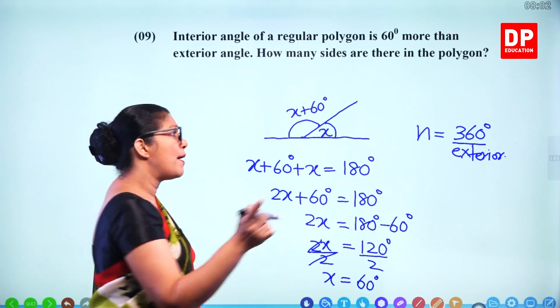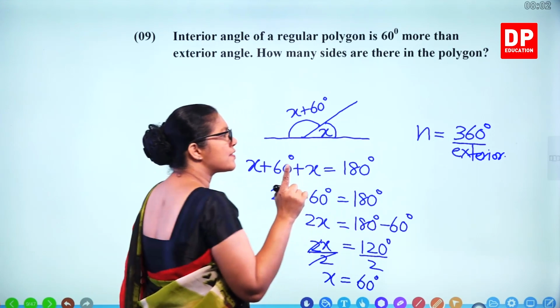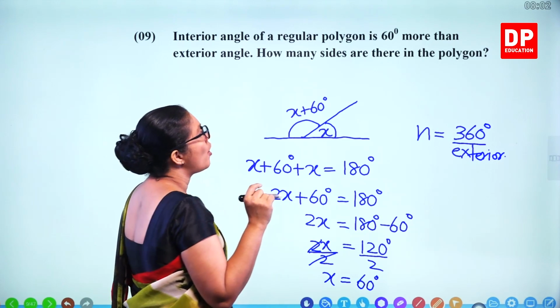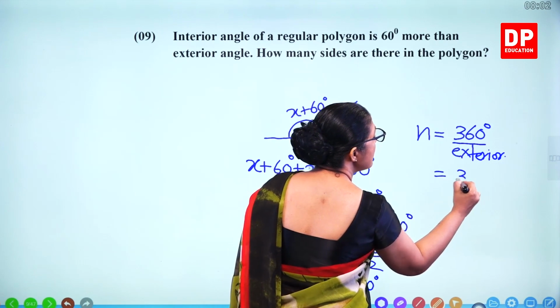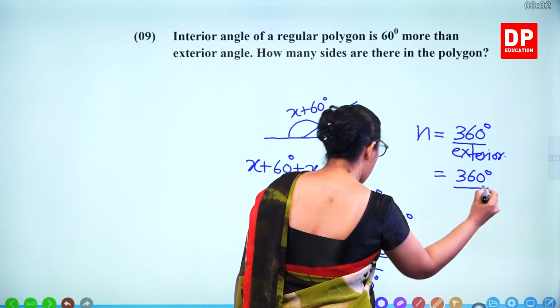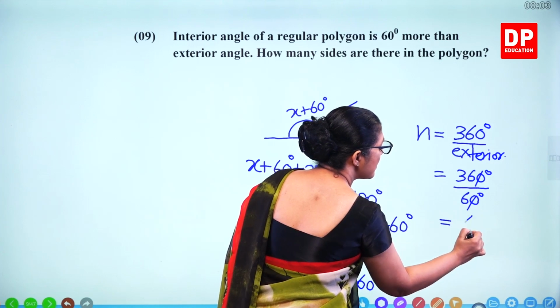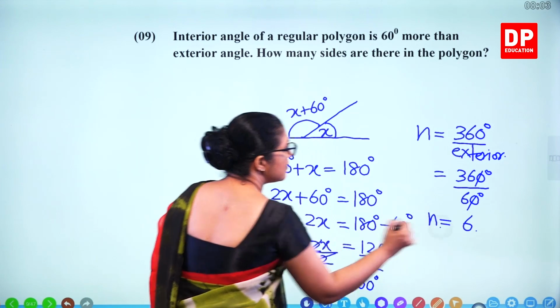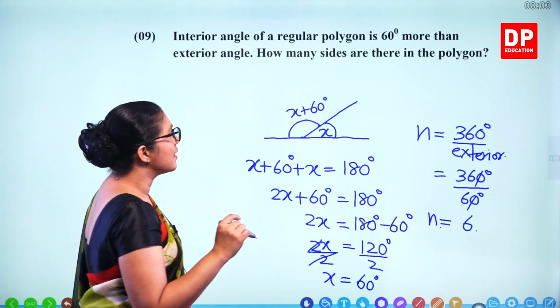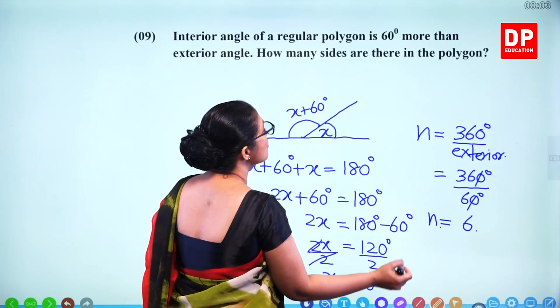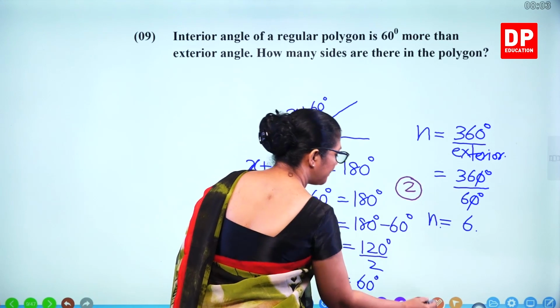Regular or irregular, but here to find out number of sides, you are considering only regular polygons. So 360 divided by 60. You get 6 sides. What's the name? Hexagon. That's a hexagon. So you get 2 marks for that.